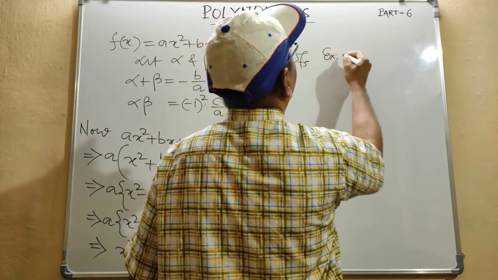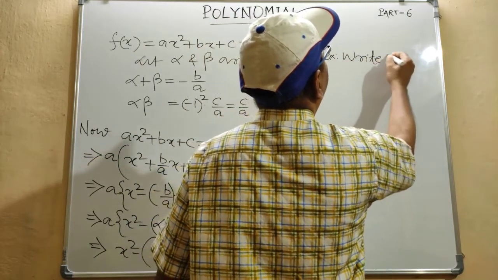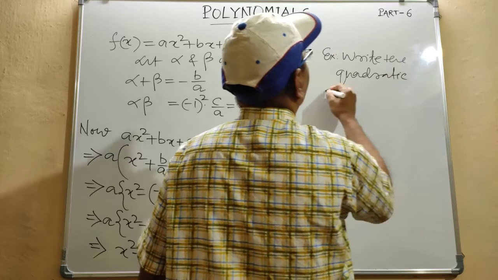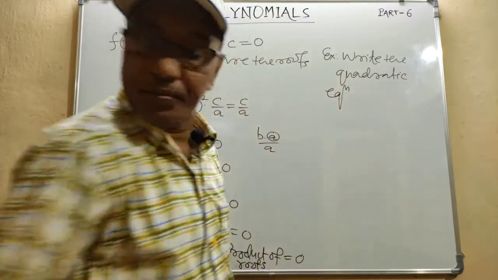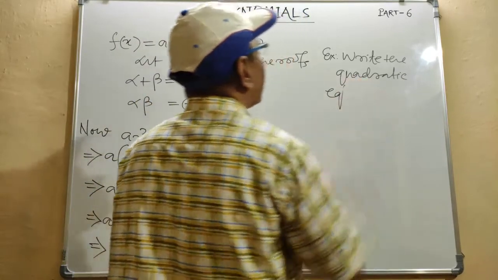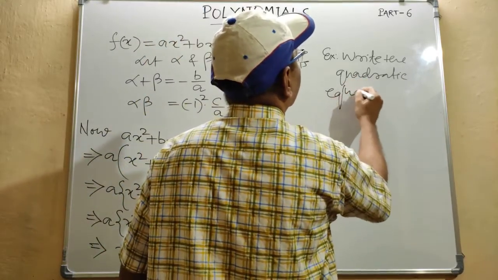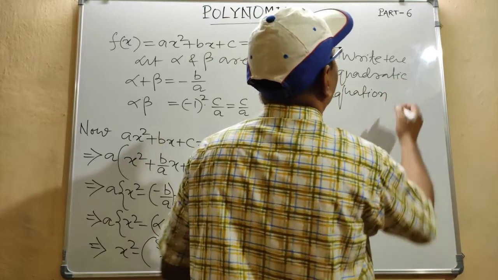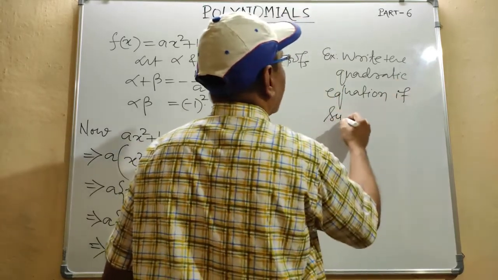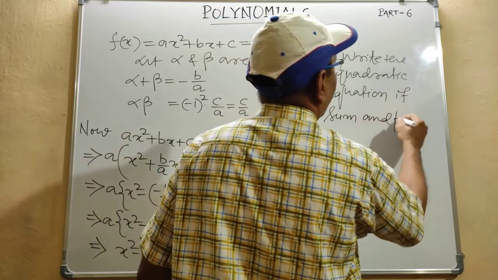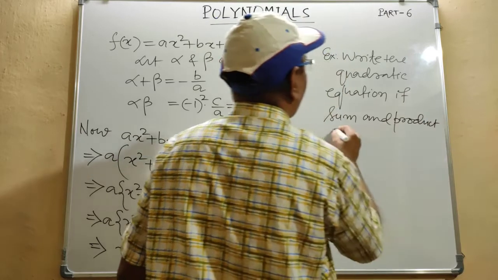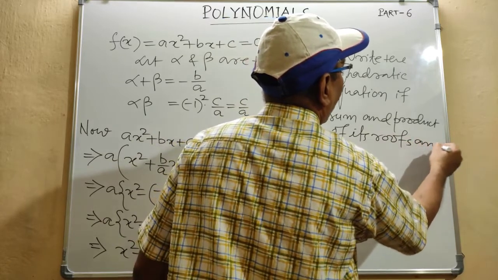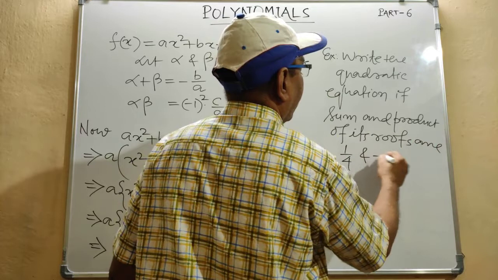Let us see an example. Write the quadratic equation if the sum and product of its roots are 1/4 and -1.